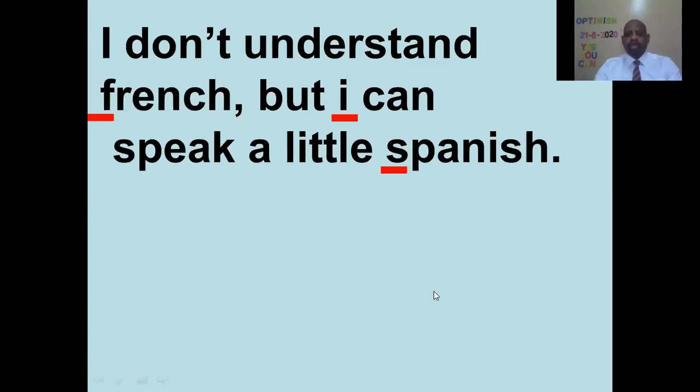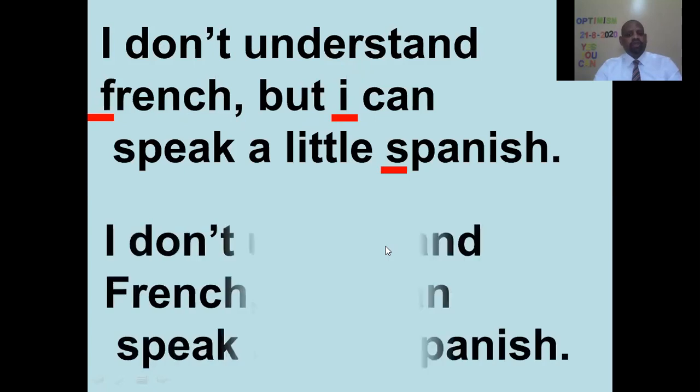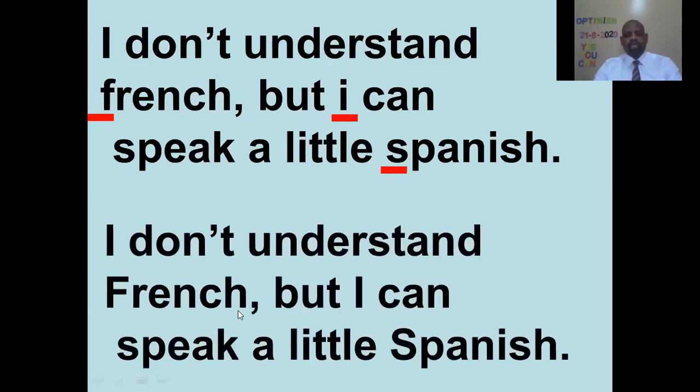They all must be capital because French and Spanish are languages, and I is a personal pronoun. Here is the correct sentence: I don't understand French, capital F, capital I, but I can speak a little Spanish, capital S.